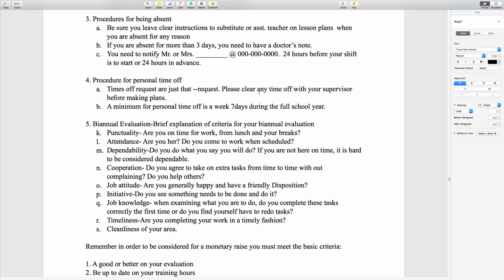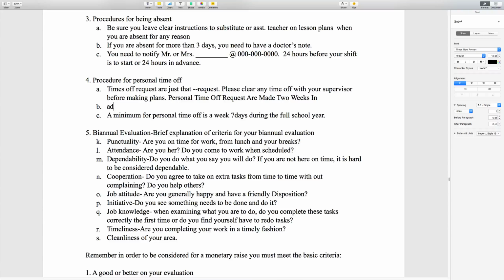I know that my procedure is, and I'm glad I'm going through this, that personal time off requests are made 2 weeks in advance to be approved.